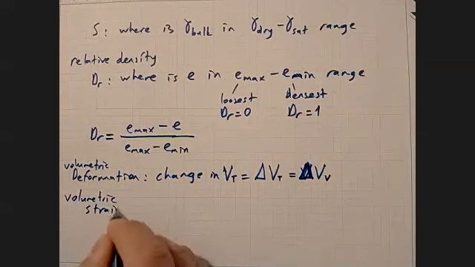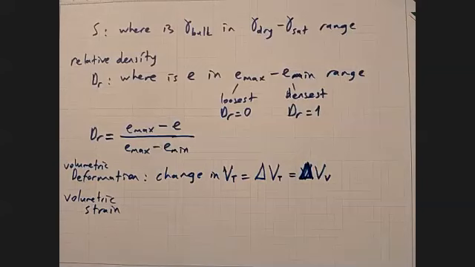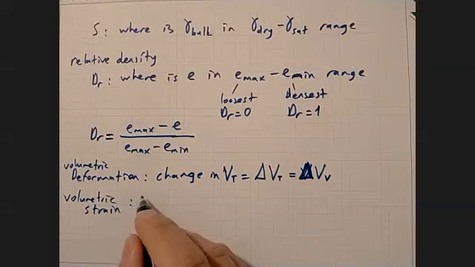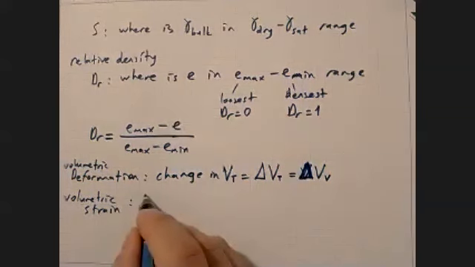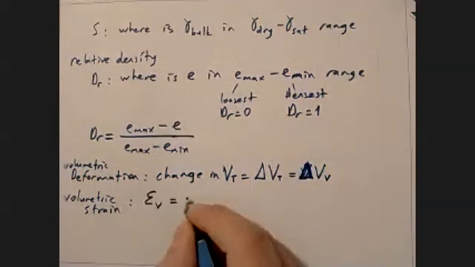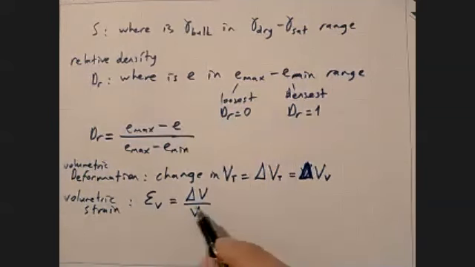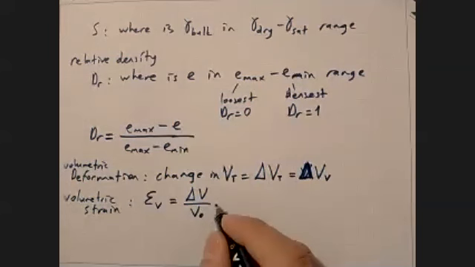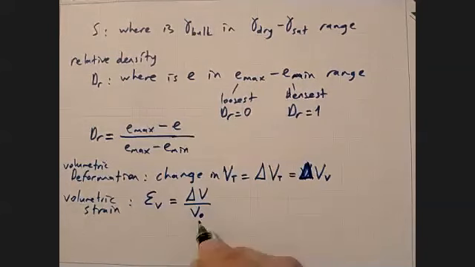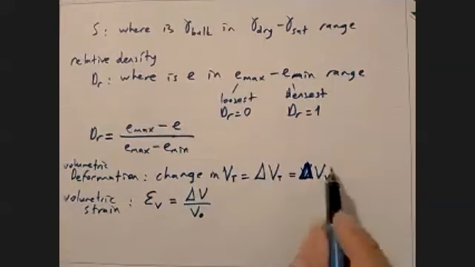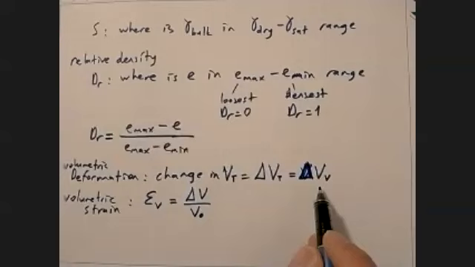Don't worry, we are going to have big deformation chapters later, but here this is just a definition. You probably know this from your strength of materials or material science classes. Volumetric strain is change in volume over initial volume. So what fraction of your initial volume has changed? And here, my change in volume is change in void volume.